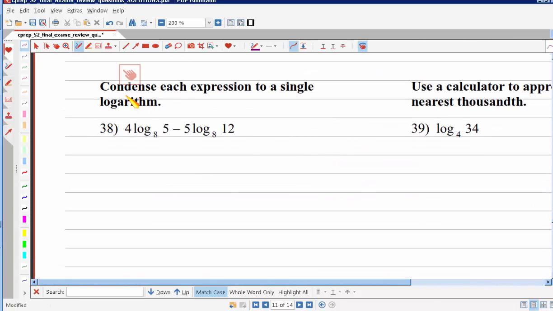Condense. Okay, so this is going backwards. That becomes an exponent. That becomes an exponent. And I cross it out there. And then subtraction becomes division when you condense.